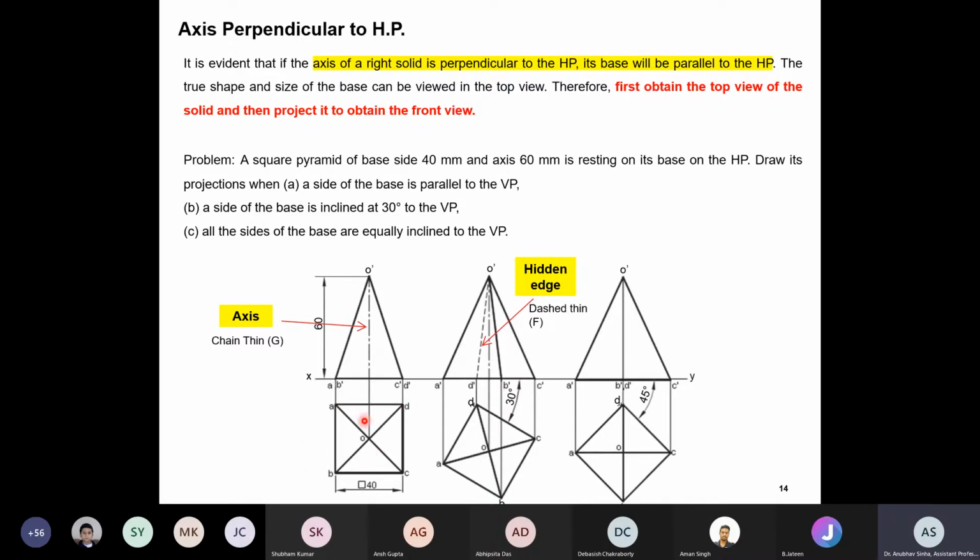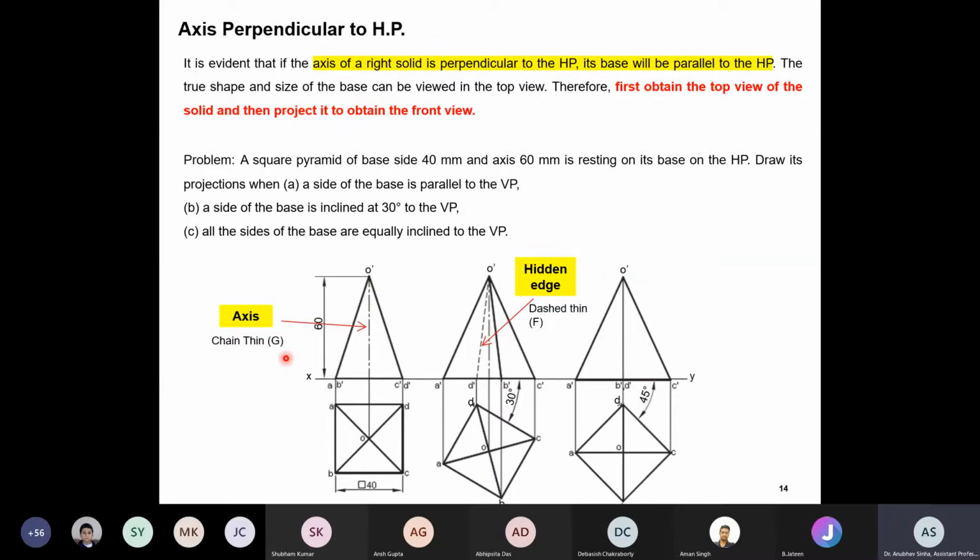Now be careful. Up to here, this is projection. From here, this will be the axis. So for the axis, you'll use this thin chain line, which was type G. If you refer to your first lecture, it is classified as type G. There is no hard and fast rule for naming this, but we have used letter G in the first lecture, so that is what I am referring to here.